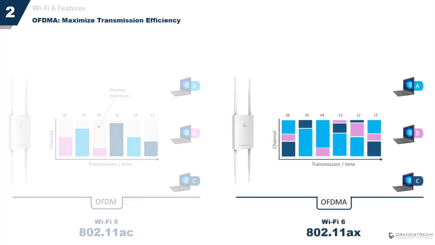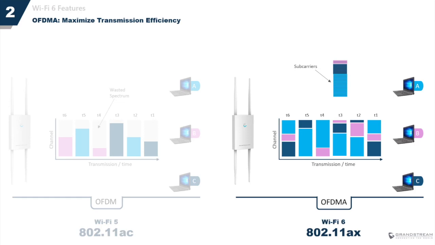Wi-Fi 6 introduced OFDMA, which is a different modulation, which allows the access point to send frames to multiple clients in one transmission. As you can see in the image, the channel is fully used to carry data to multiple clients without any wasted spectrum. It achieves this by subdividing the channel into smaller subcarriers and grouping them into resource units, usually referred to as RUs.